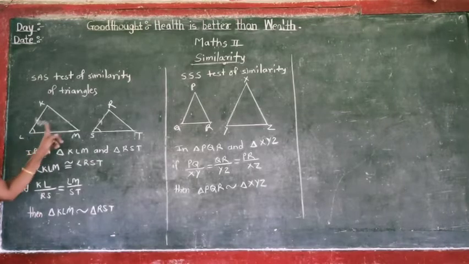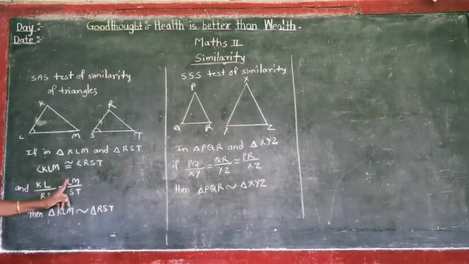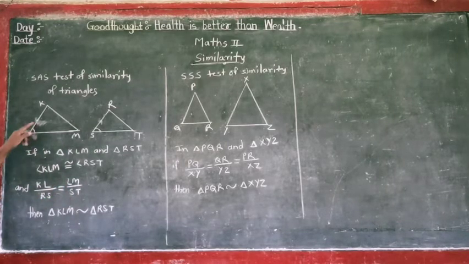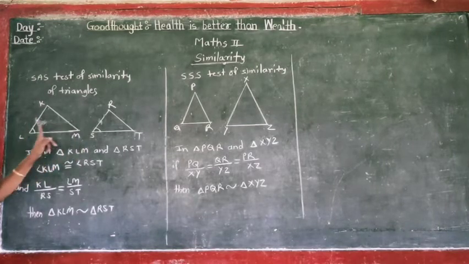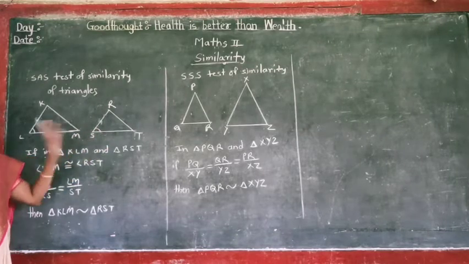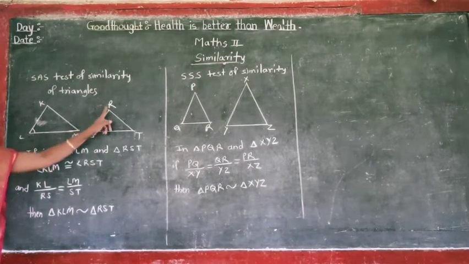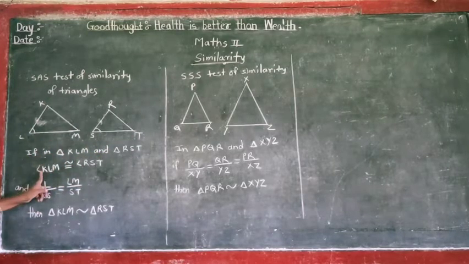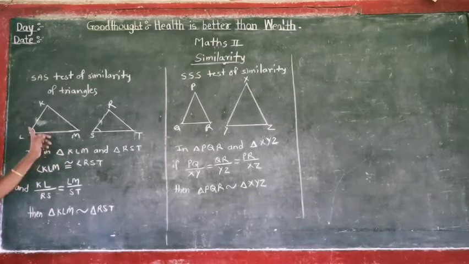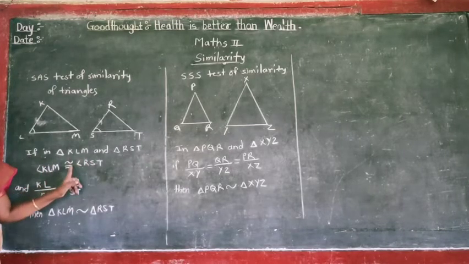LM and ST are also a pair of corresponding sides, hence their ratio is LM upon ST. Angle L is between KL and LM, and S is the angle between side RS and side ST. That means angle KLM is congruent with angle RST, and KL upon RS is equal to LM upon ST. So a pair of corresponding sides are in the same proportion and the angle between them is congruent.